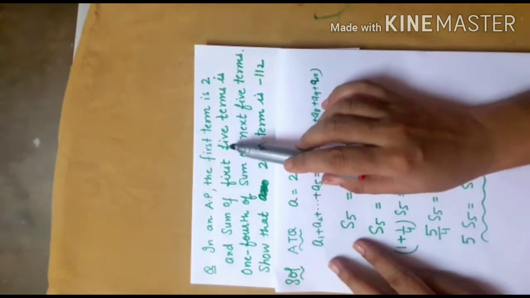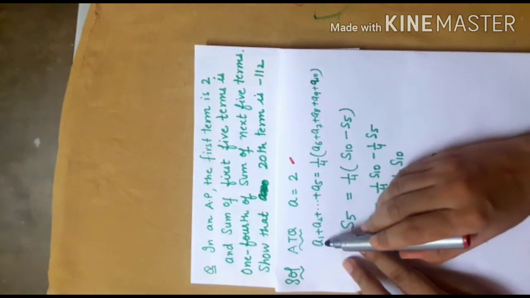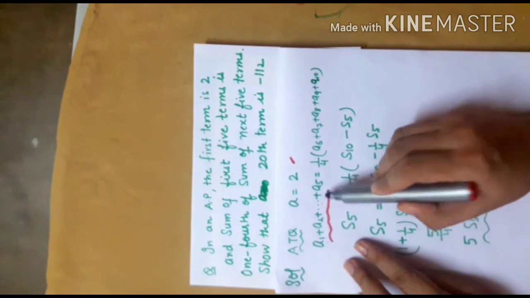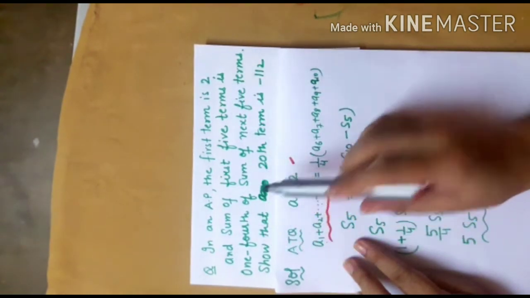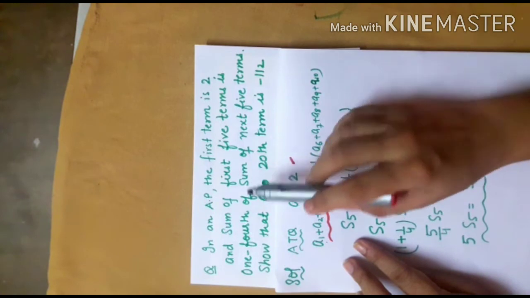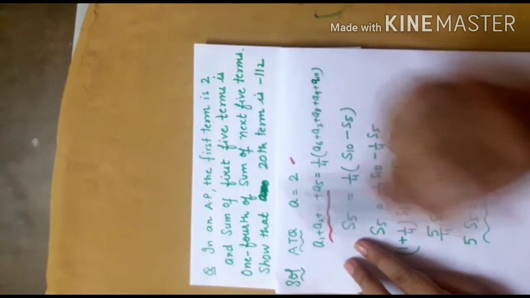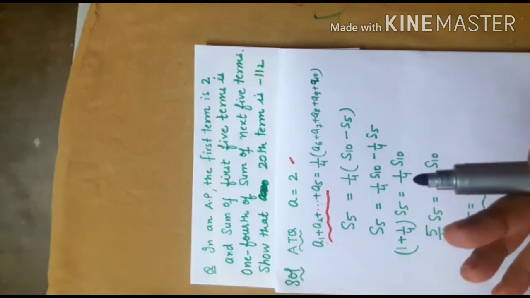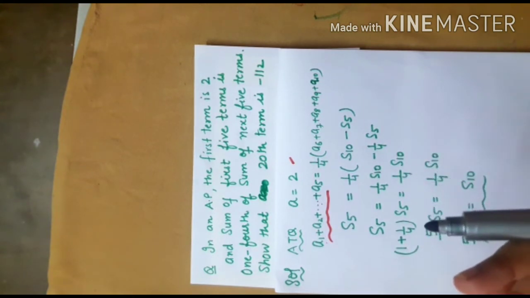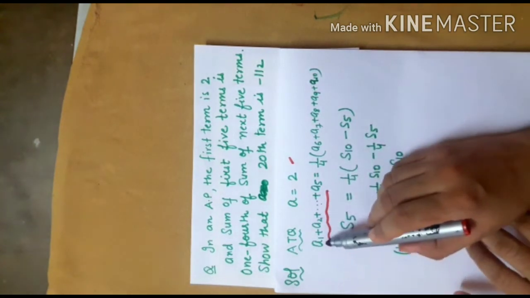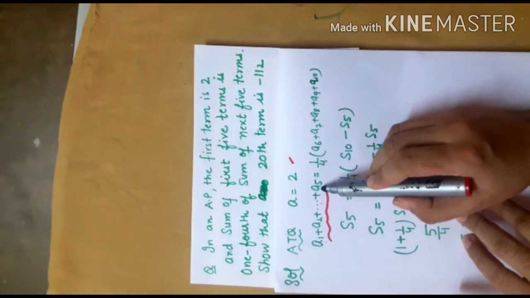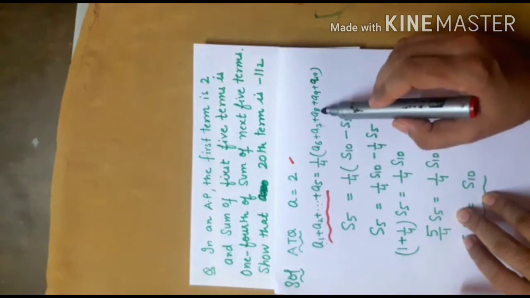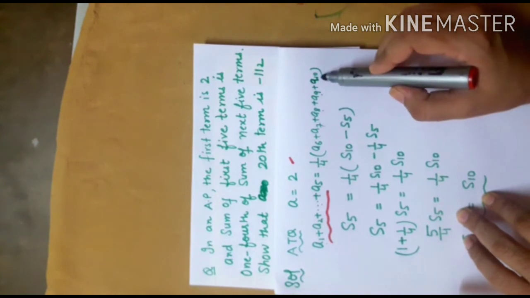The sum of first 5 terms, that is A1 plus A2 plus A3 plus A4 plus A5, is 1/4 of the sum of next 5 terms. Next 5 terms will be A6, A7, A8, A9, A10. So A1 plus A2 and so on till A5 is equal to 1/4 times A6 plus A7 plus A8 plus A9 plus A10.